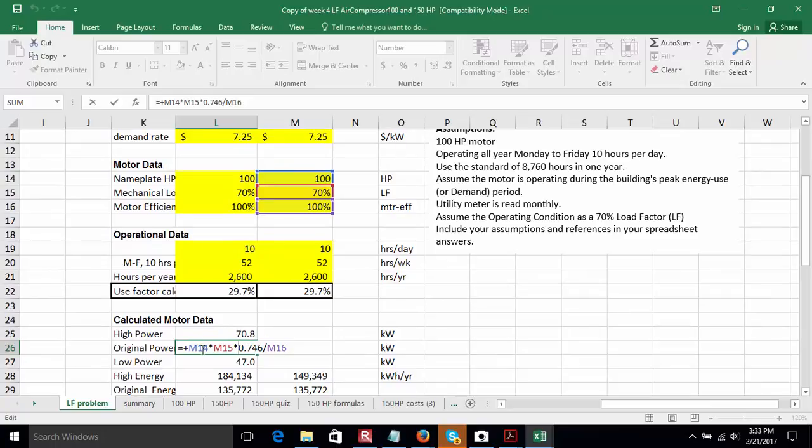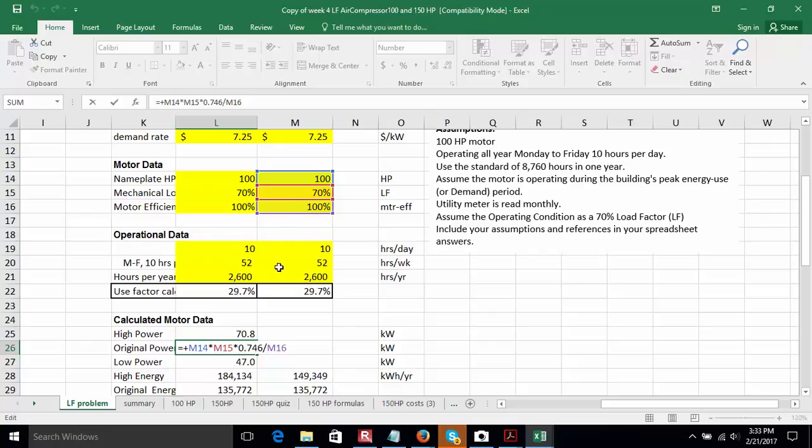Okay, so the original power, we're looking at the M14, which is the nameplate horsepower. So it's 100 horsepower, and it's only running at 70%. And again, this is horsepower, and we need to convert that into kilowatts.